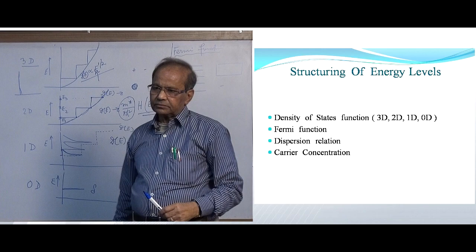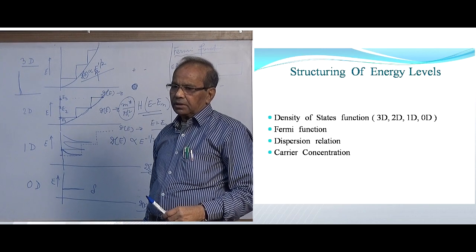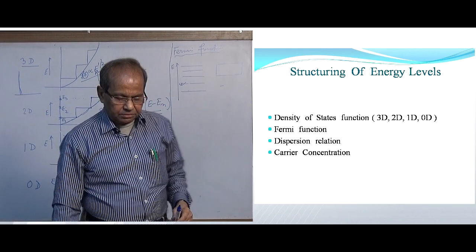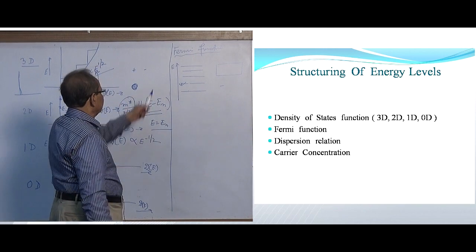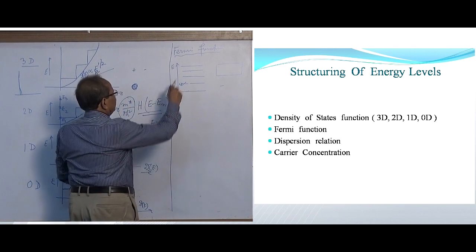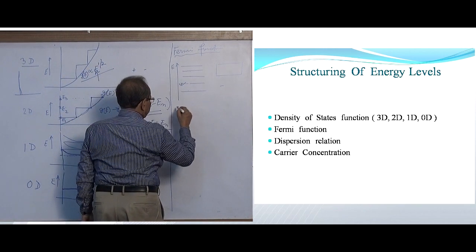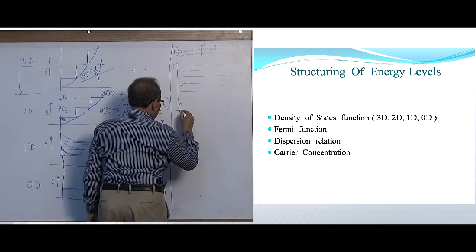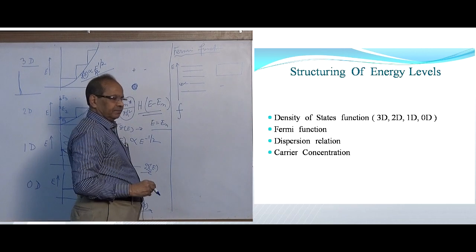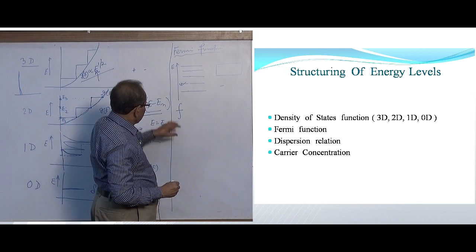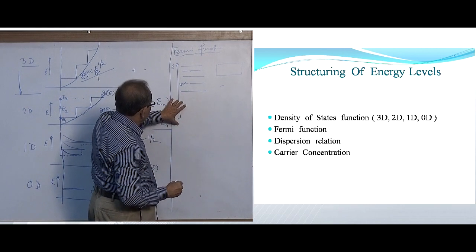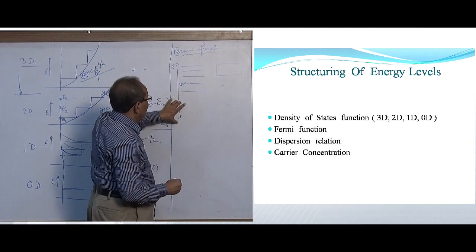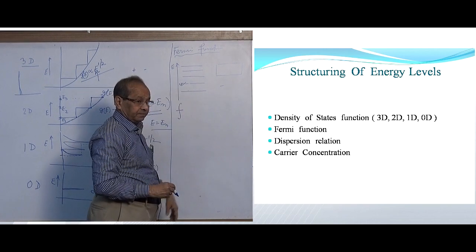So, probability is a function of energy. I am giving this probability function as f. I should not say probability now. I tell this distribution, how the electrons are distributed.